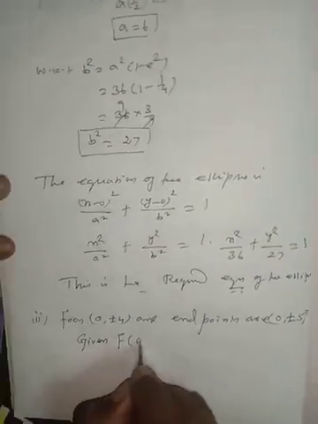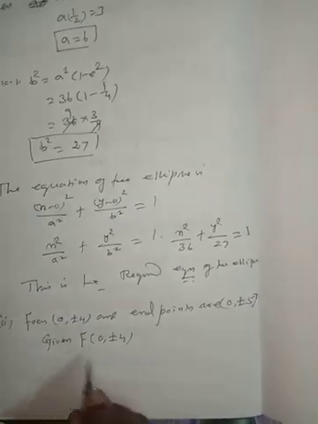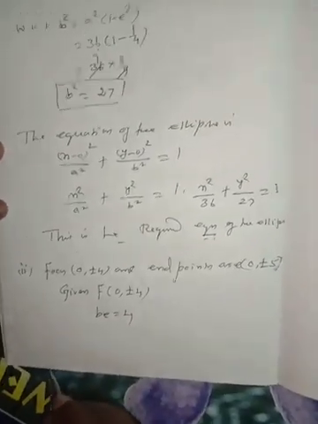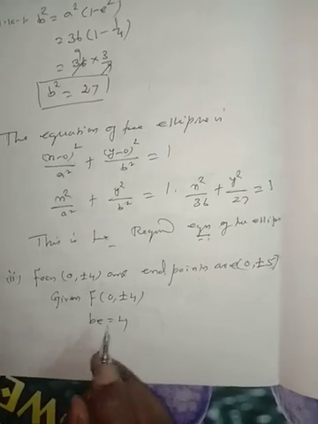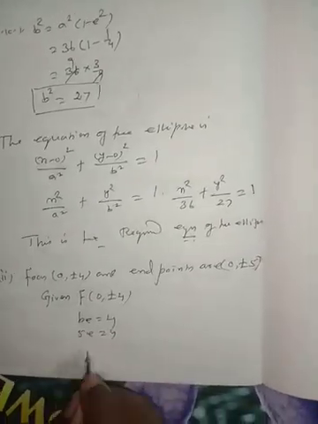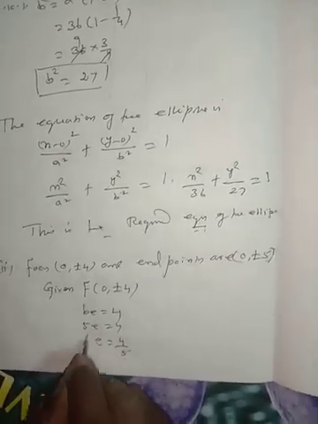Focus 0, plus or minus 4, so c is equal to 4. B is 5. E is equal to 4 by 5.